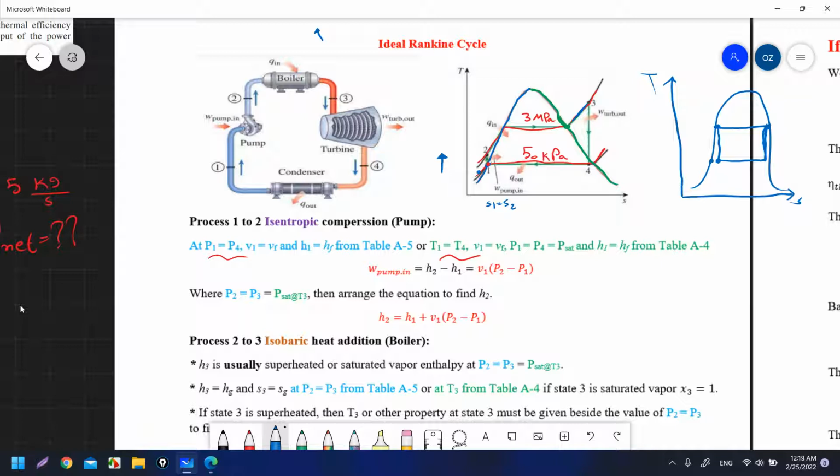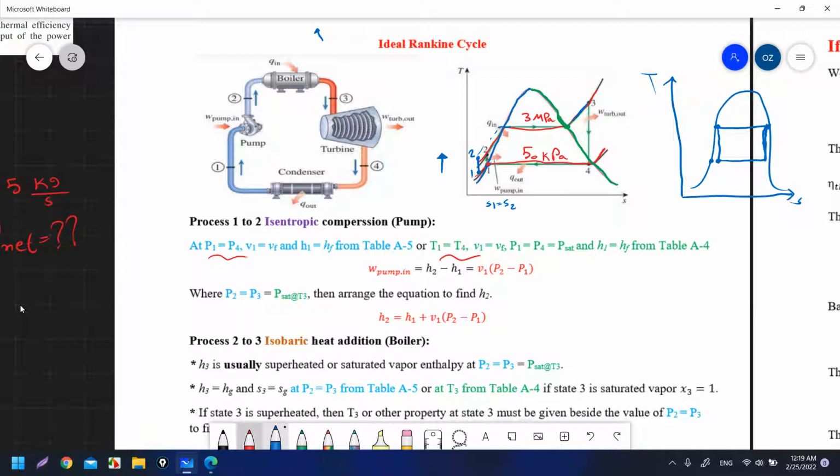Because it is better for them, because if you subcool the state at the same pressure, 50 kilopascal like this, and then you go up to state 2, and go again like this, you will have additional area here.